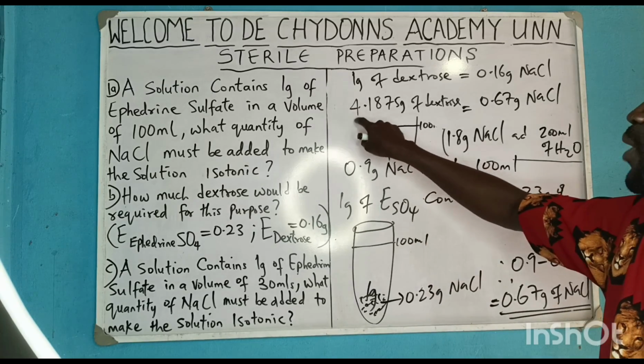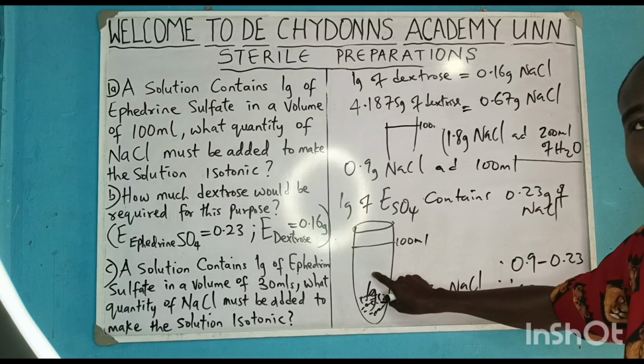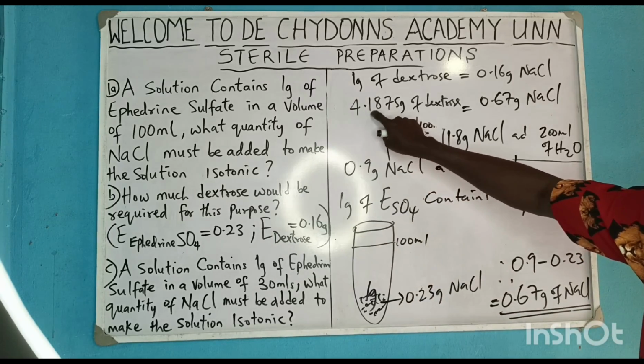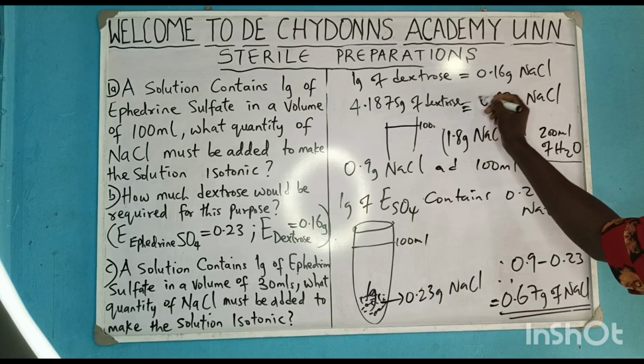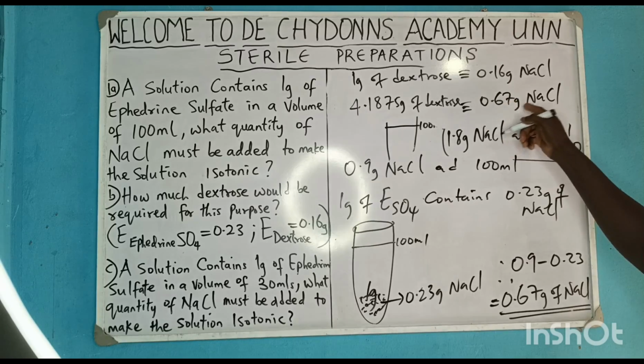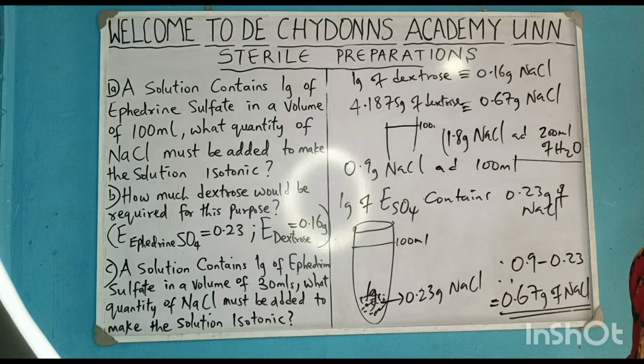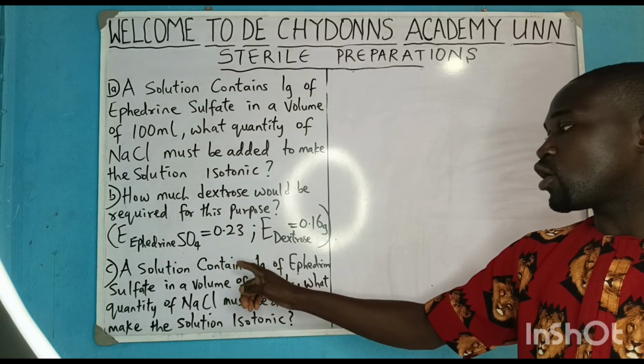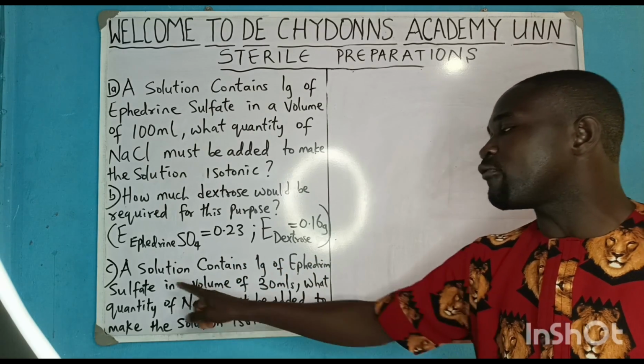Then if you carry 4.2 gram of dextrose and put it here, it is what? Isotonic, because 4.2 gram is equivalent to 0.67 gram of sodium chloride. Do you get it?